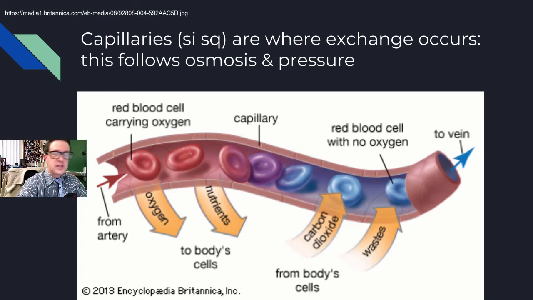What we notice at capillaries is there's an arterial side and a venous side, a vein side. What happens is we tend to have fluid exchange. Stuff tends to move from the bloodstream out on the arterial side, and fluid tends to move from the outside world, the tissue side, back into the bloodstream on the venous side. Turns out it's not entirely efficient, but we'll get to that in a bit.